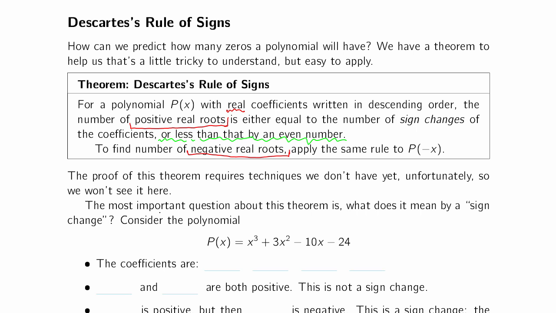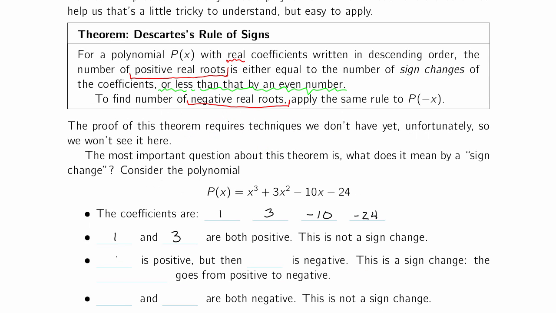So the most important question we probably have is, okay, what's a sign change? To see, let's look at an example. It's easy to see in an example. In this polynomial, we have the coefficients 1, 3, -10, and -24, in that order. So our first two coefficients, 1 and 3, are both positive.